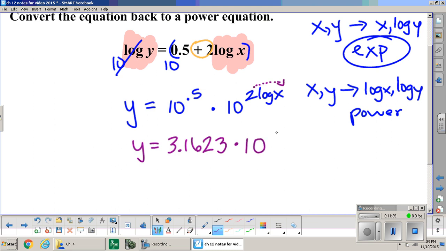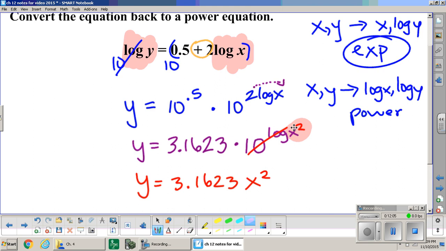So I'll have 10 raised to the log x with 2 as the exponent up there. Exponent on x. 10 and log cancel. So we have y equals 3.1623 x squared, because that's all that's left from right there once the 10 and the log cancel. And here's your power model. How are you sure it's power? Because the exponent at the end is a number, not a variable.